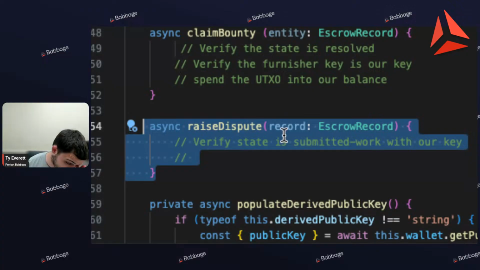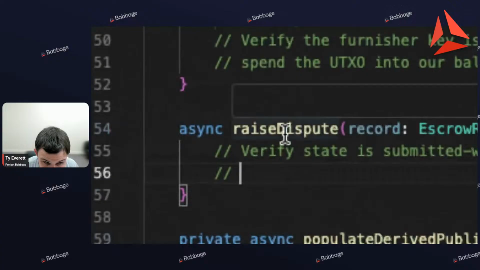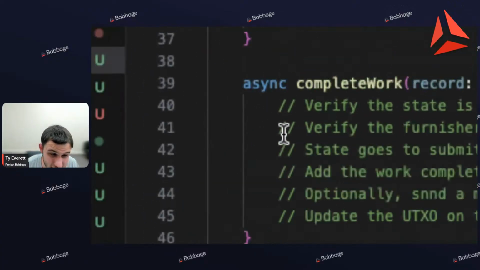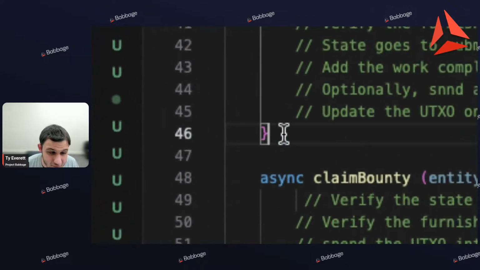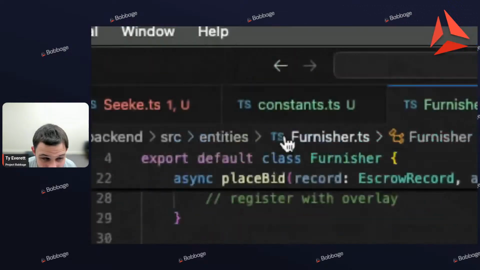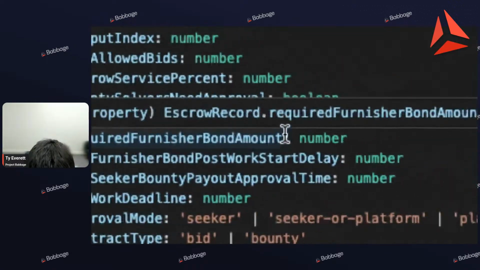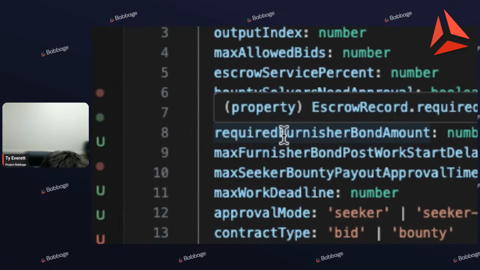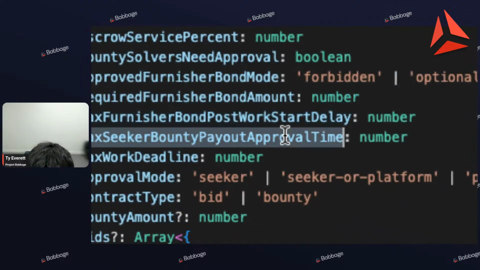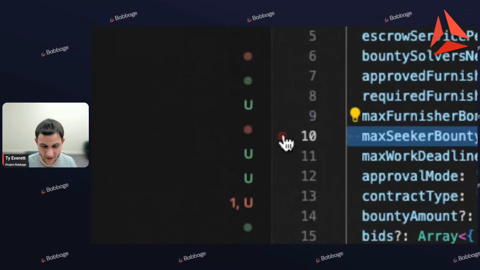Now there needs to be a delay. Yeah, we already thought about this, right? This is what I was getting hung up on. How long does the seeker have to review and accept my work before I can raise a dispute? Well, there is this max seeker bounty payout approval time.